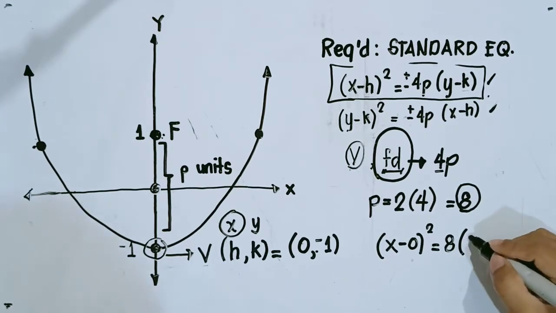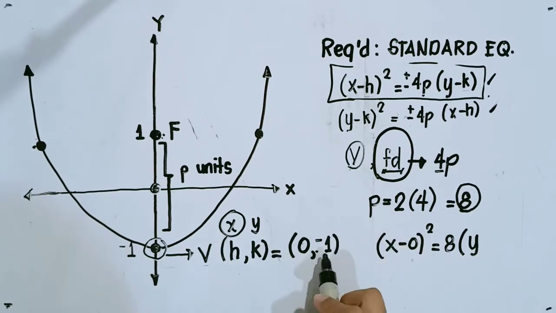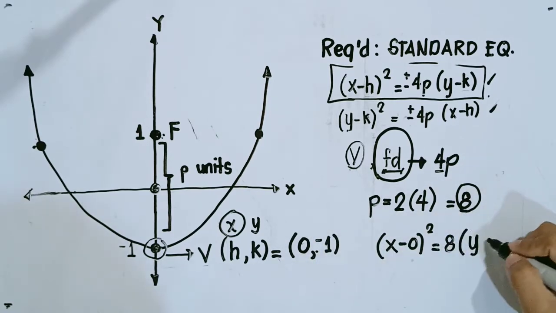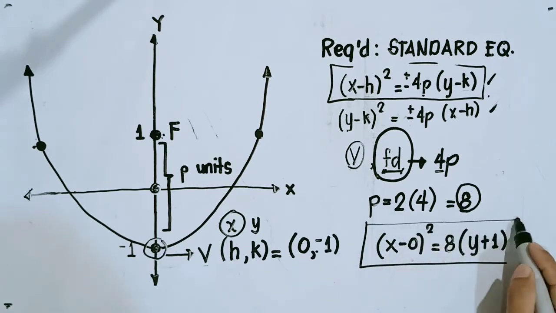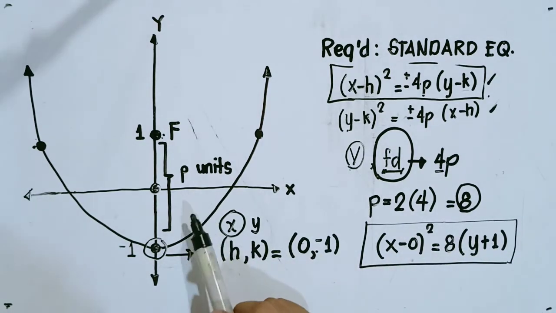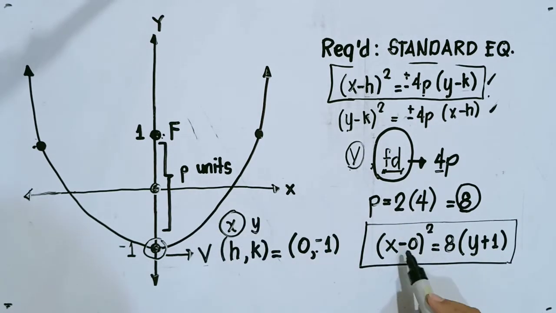Quantity of y, our k is negative 1, therefore it will become positive 1 here. Okay, so our final answer is this one. So the standard equation of this parabola is x minus 0 squared is equal to 8 quantity of y plus 1.